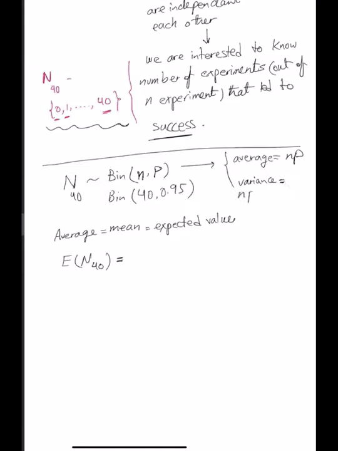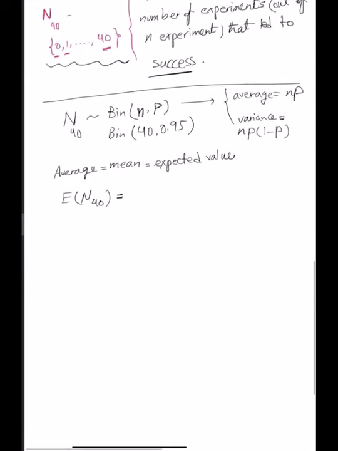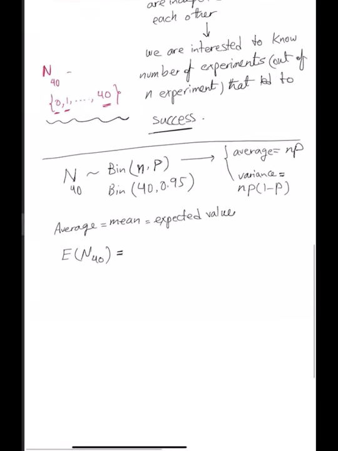Variance is np(1 minus p). So now when the question says on average, how many of the first 40 records will be correct, that just needs the average of this random variable that we defined here. And that's going to be np. I know n is 40 and p is 0.95. So whatever that number is, that's your average number of records that will be correct in these 40 records that we have searched.